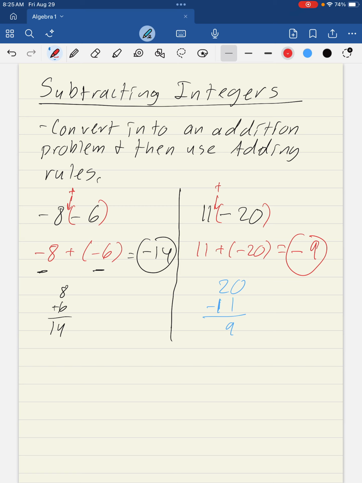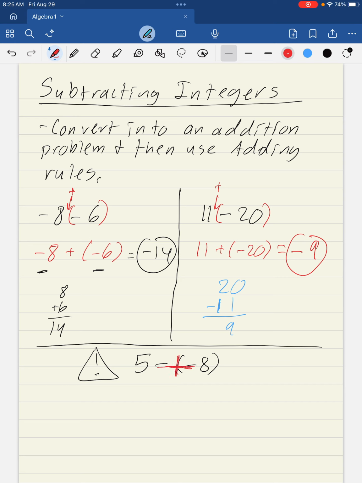The unique situation with subtracting integers, I'm going to put a little warning sign here. What if you have two negatives in a row? So if we go 5 minus negative 8, okay? Now, two negatives in a row, how I like to remember it is two negatives in a row make a big positive, okay?